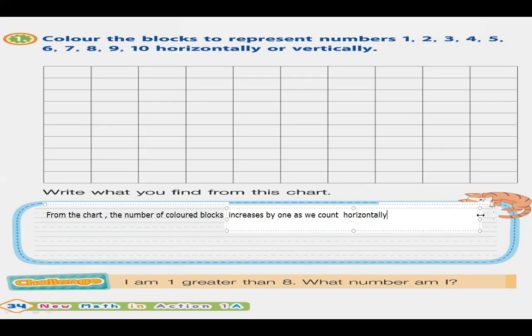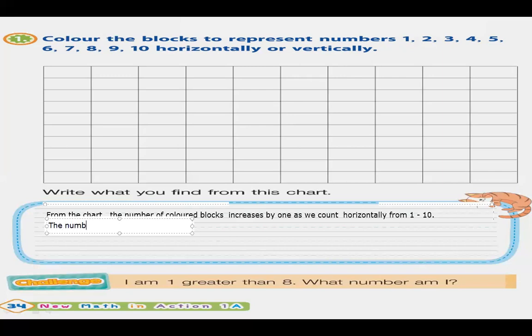Horizontally. Right? From 1 to 10. That's it, students. Okay, from the chart, the number of colored blocks increases by 1 as we count horizontally from 1 to 10. Okay, next.